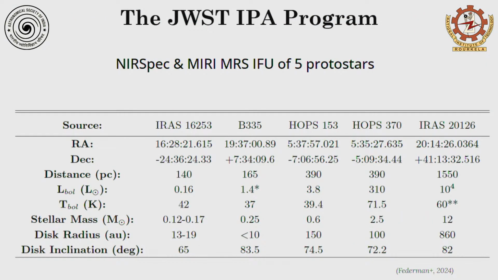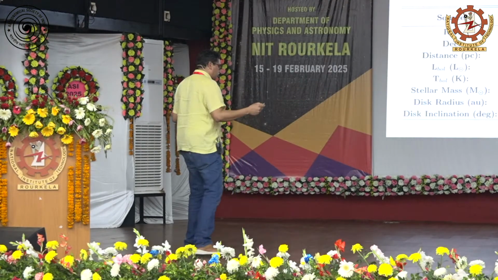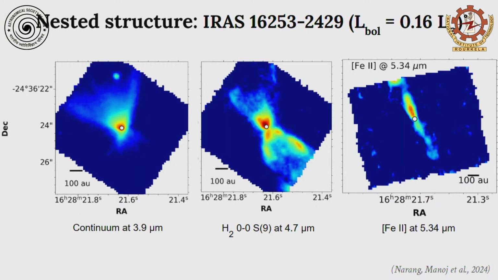With this IPA program, we looked at 5 protostars spanning in luminosity from 0.1 solar luminosity to 10 to the 4th solar luminosities, and in mass they range from 0.1 to 12 or so. So, the nested structure in morphology. What I'm showing you here is a continuum image at 4 microns or so, where scattered light dominates, and this shape you see is because of light scattered off the envelope cavity walls.